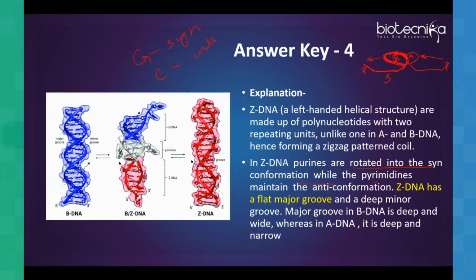So if I draw one syn conformation, then the next one will be an anti conformation, then again one syn, then again one anti. And this is just for one strand. You have another strand also.